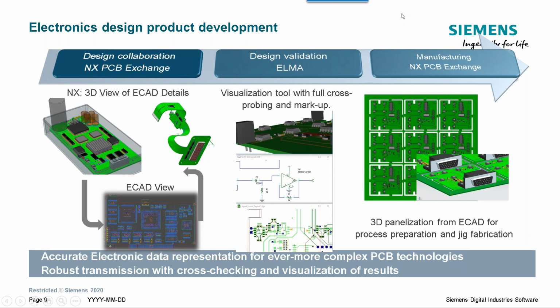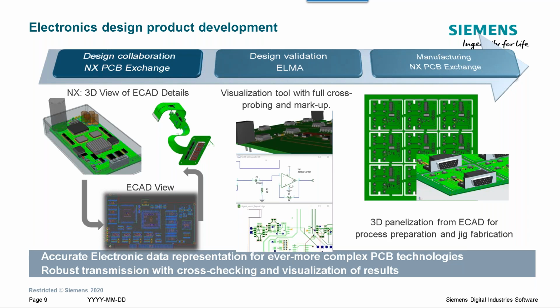This slide is showing the development cycle of a PCB design. There are 3 stages, and in each of these stages, PCB Exchange can help you design your PCB more efficiently and more accurately. On the left, you have the design collaboration stage, where different ECAD designers can collaborate until the PCB design is completed, at the component placement, during the routing.